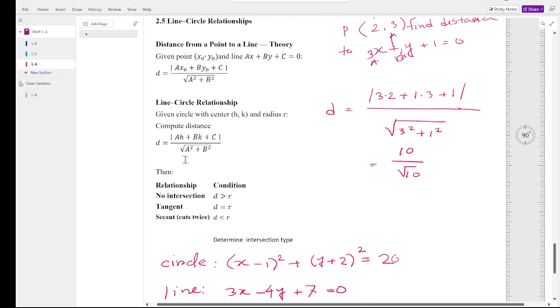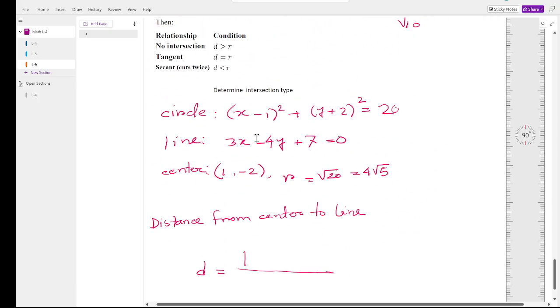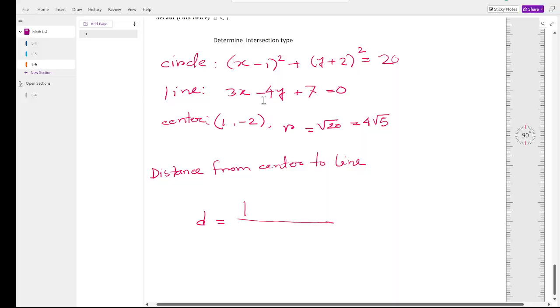Look here, h k means the center point. Here a is 3 and b is minus 4, and h is 1 and k is minus 2.